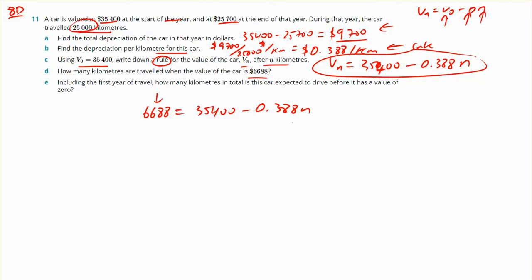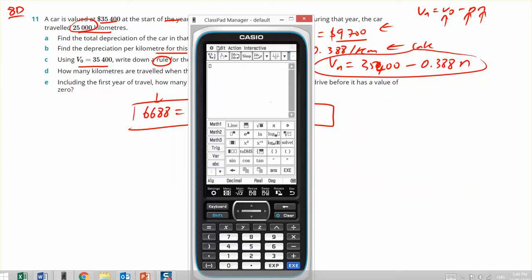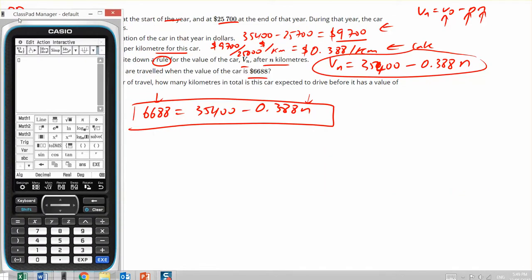I'm just trying to solve for how many kilometers, because n represents the number of kilometers traveled, for the car value to reach 6688. I'll use a CAS calculator to help me solve this, because in further maths we're not expected to know how to do the algebra. You just need to know how to set up the equation.